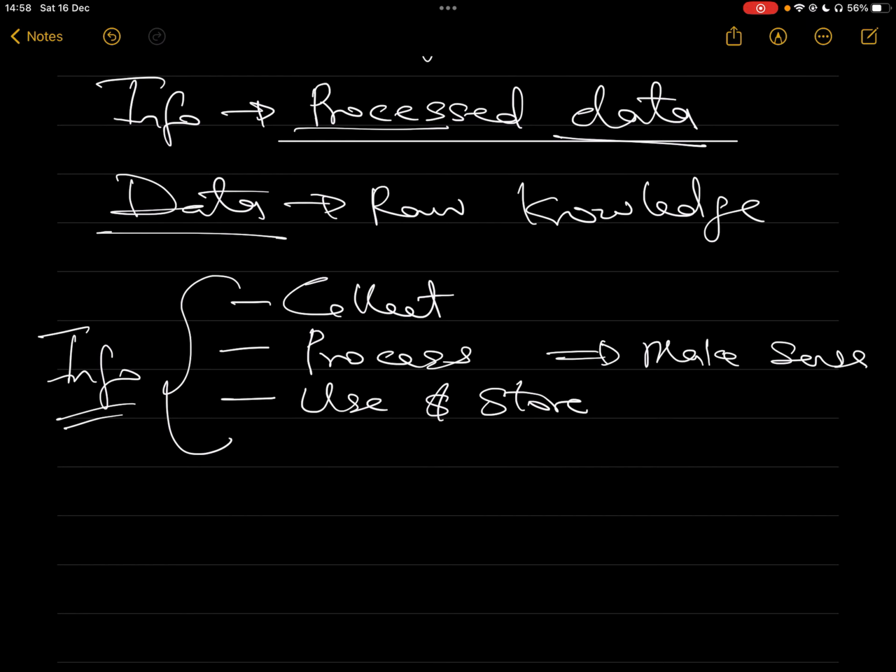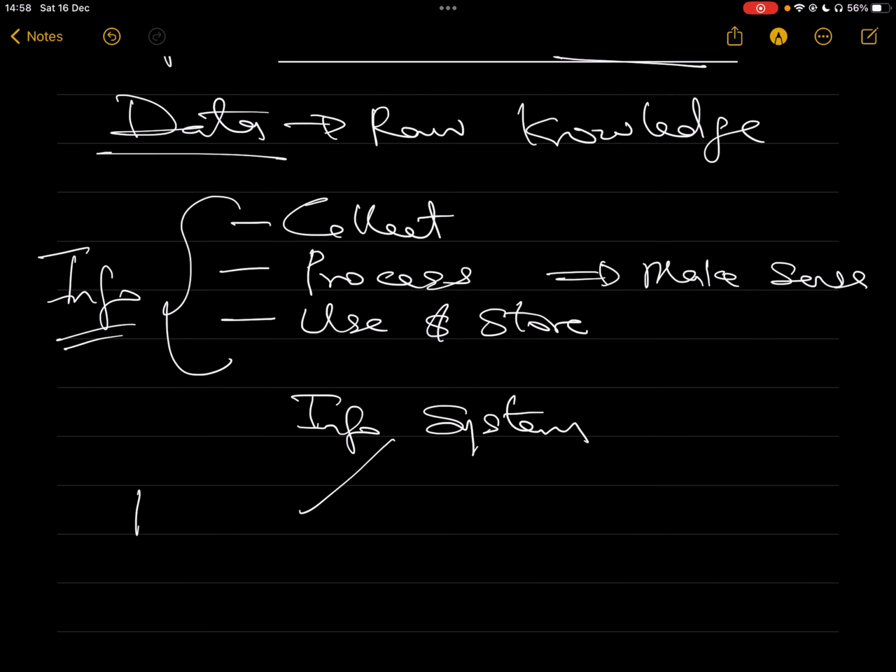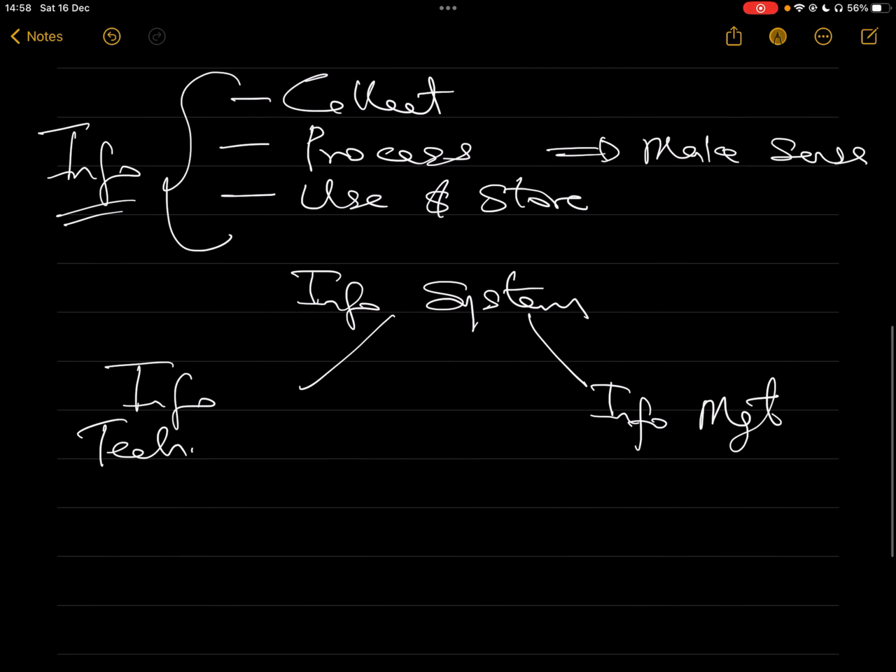And remember, the section is about information systems. So an information system is made up of two things, very important. You're talking about information technology and information management. Information technology is just about the hardware, which is the equipment. Which equipment will you be using to process the data, to store the data, to present the data?